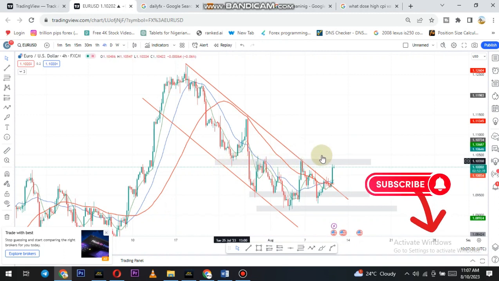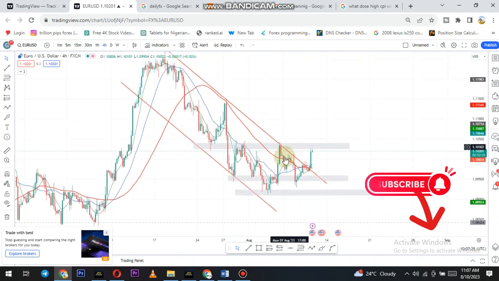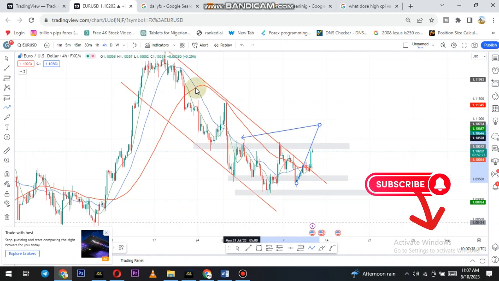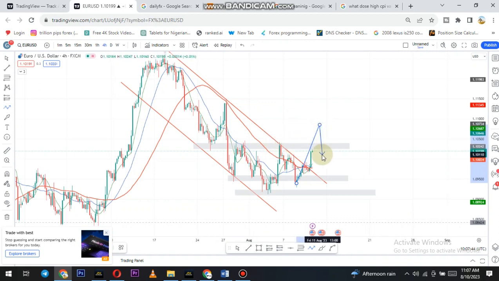The only time where we can say, okay, this trend has actually changed the direction is when it creates a new high. That is when this happens, when it creates a new high. That will be the first high in a very long time that has been created that is higher than the previous high.